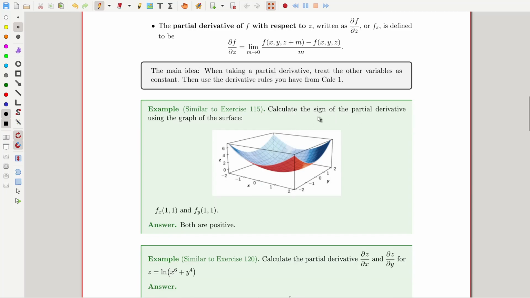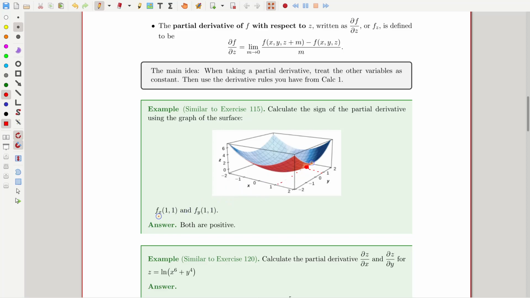So calculate the sign of the partial derivative using the graph. Right, so in this graph, you can see that the point (1, 1) is over here. It's kind of there on the surface, kind of in the back half, the right side of it, I guess is how you might describe it.